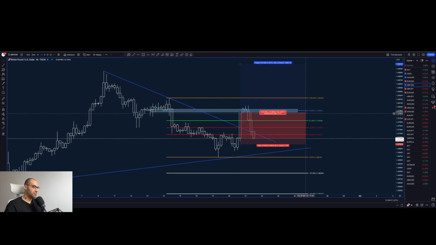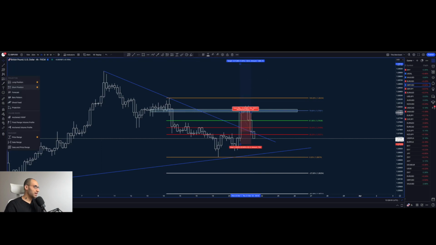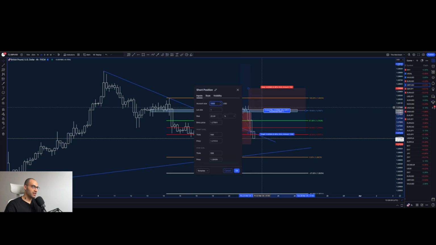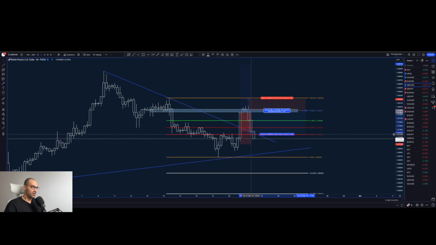So in the time those people are losing, by entering from here, let's say you will have a 30 pips stop loss, you could be in around 2.5% profit.